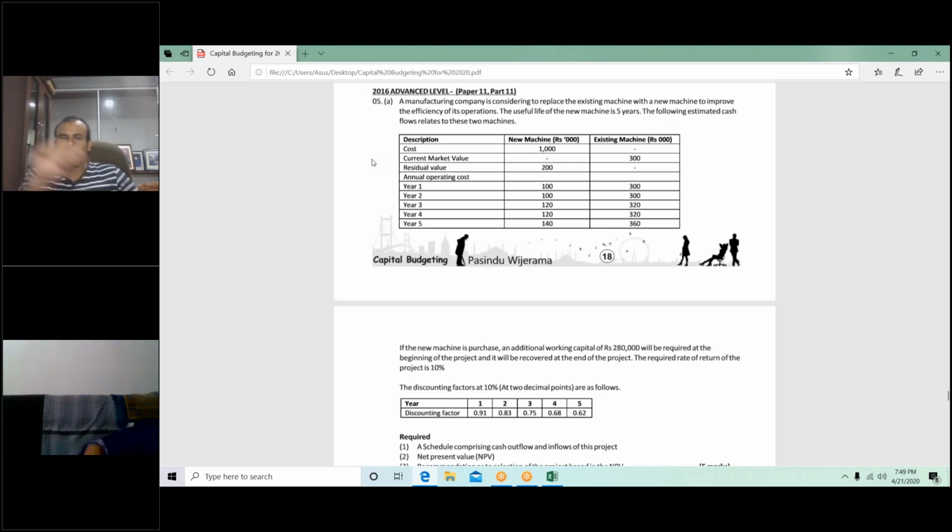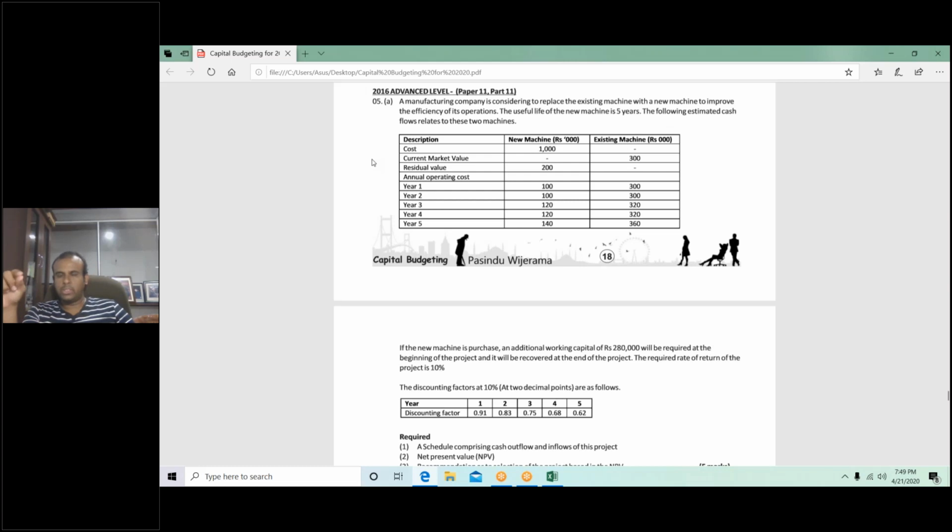When you use the existing machine in the first year, you incur 300,000. But if you replace it with a new machine, you incur only 100,000. Therefore, if you buy the new machine, there is a saving of 200,000. That 200,000 is the benefit, or the cash inflow, of the new machine in the first year.